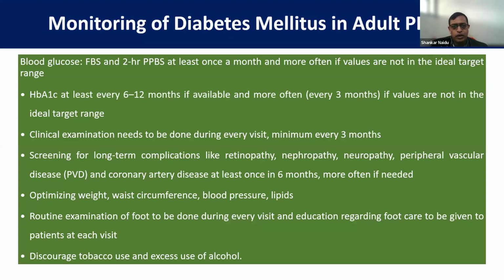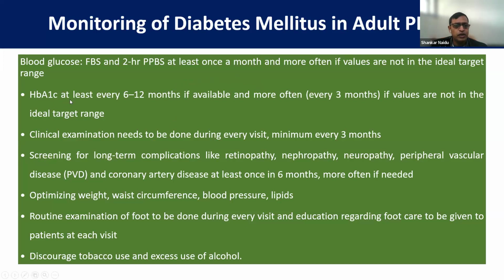So how do we monitor these patients who are diagnosed with diabetes? Fasting and postprandial blood sugar should be done at least once a month or more often if required, especially in those patients who are not achieving the target values of blood sugar, that is less than 126 fasting and less than 200 in the postprandial blood sugar.